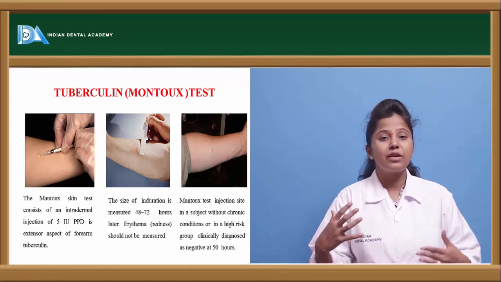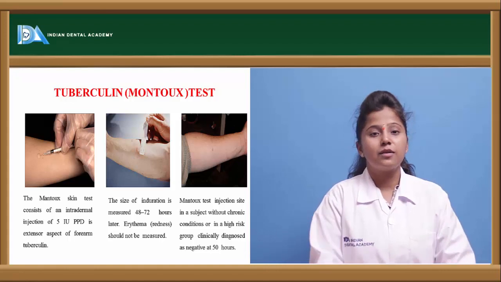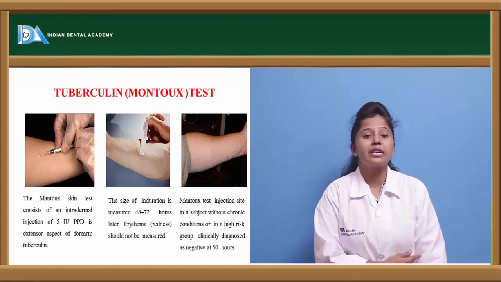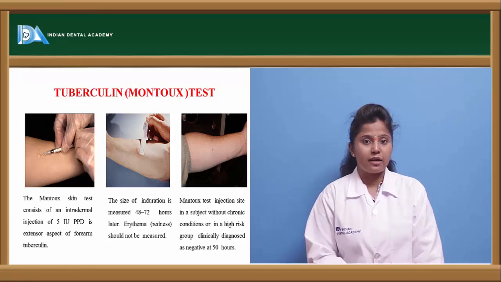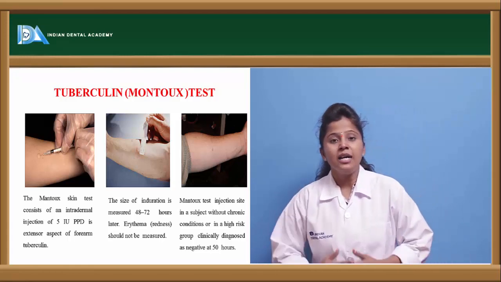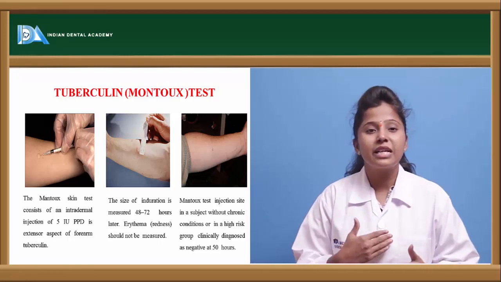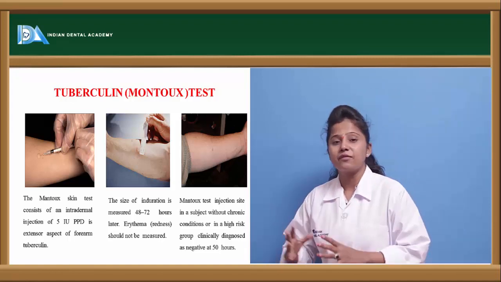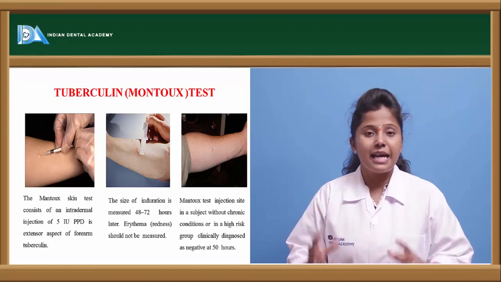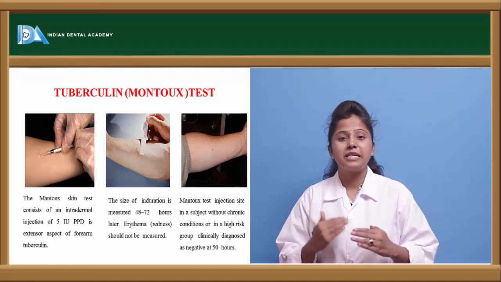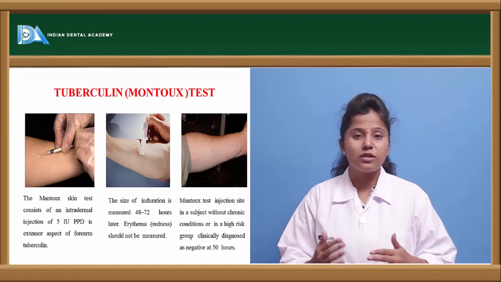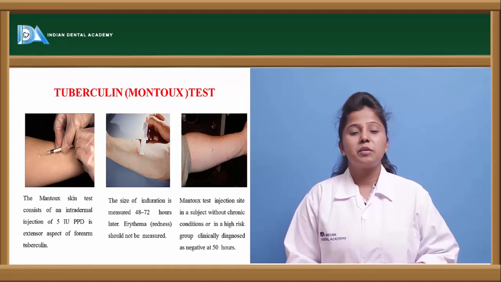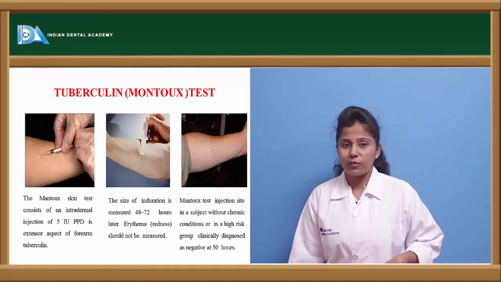If a person is having rashes in the area for a longer period of time, or rashes over a larger surface area, then we can say the person is in the final stage of tuberculosis. So the amount of rash can decide to what extent the person is suffering with tuberculosis.